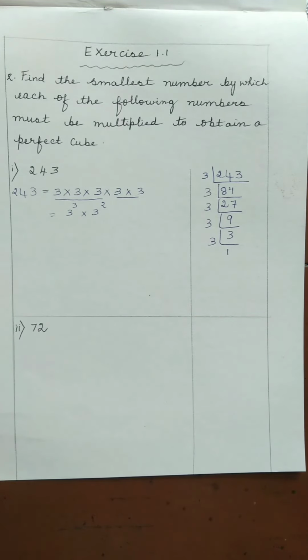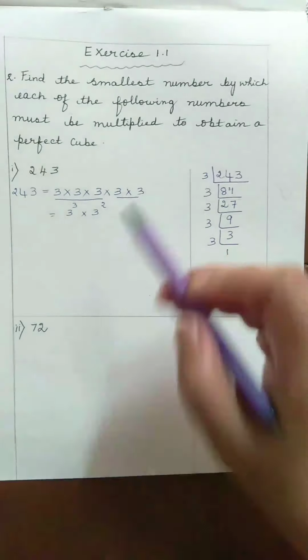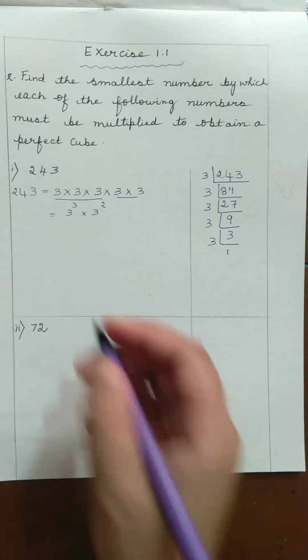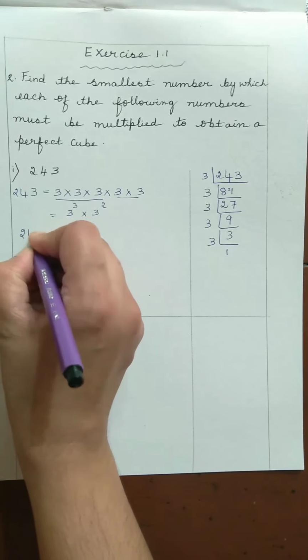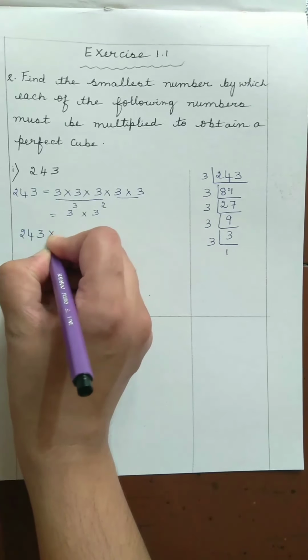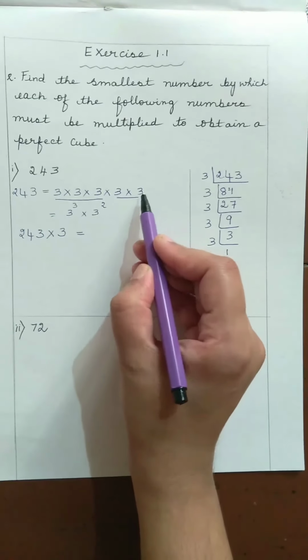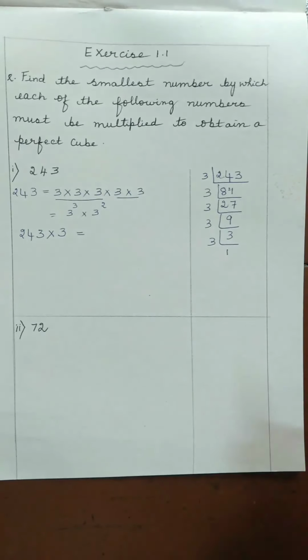So, to make it a cube, we need one more number, that is 3. So, it becomes 3 cube. Therefore, children, in the next step, this 243 has to be multiplied with the smallest number 3, because we are not forming a group of 3 in this prime factor.